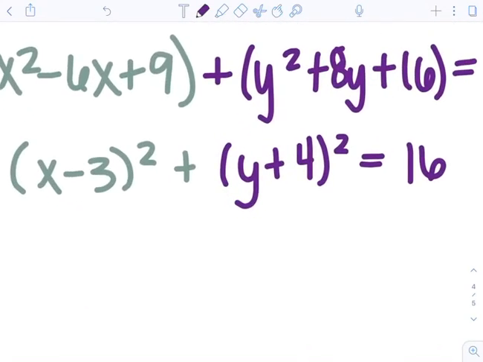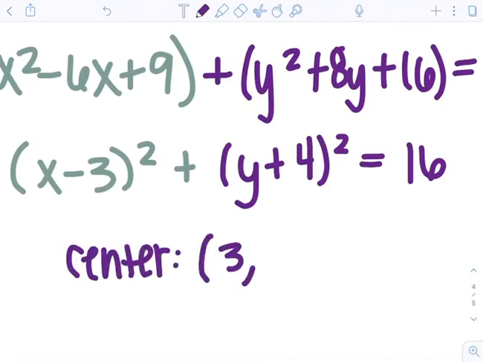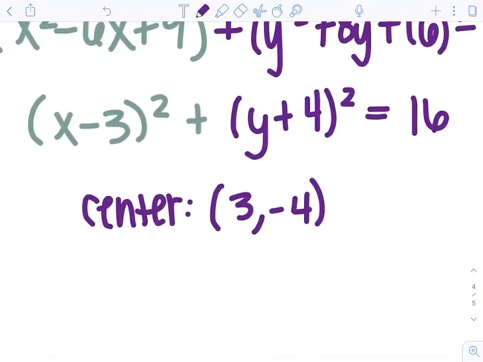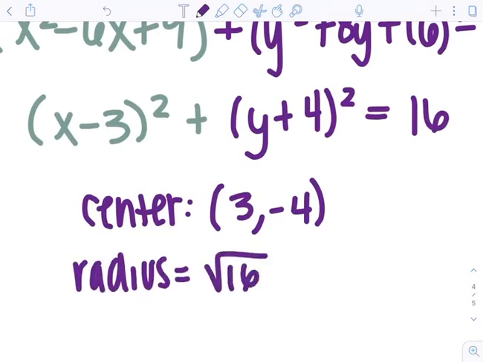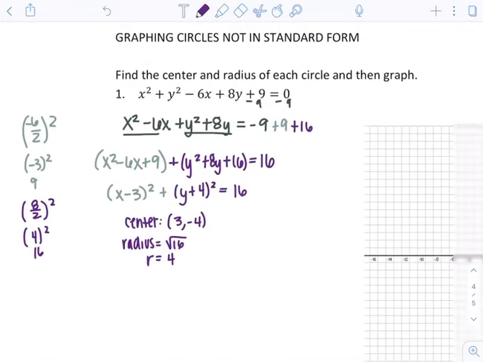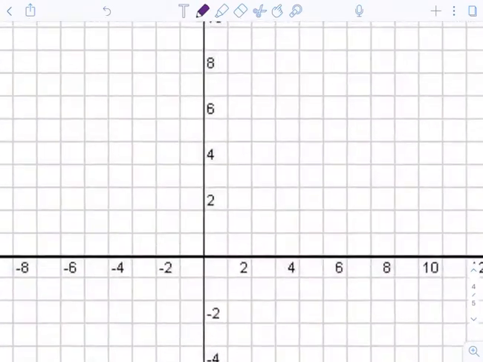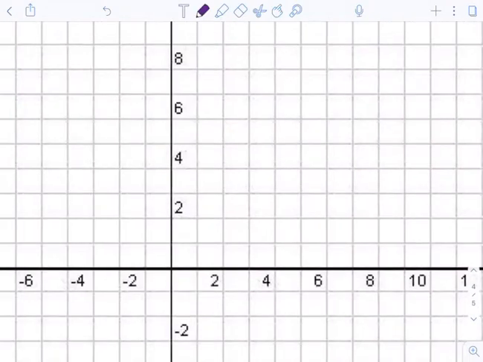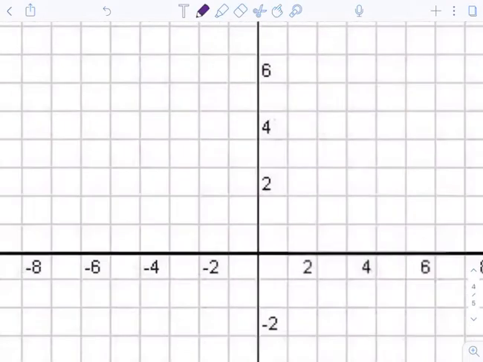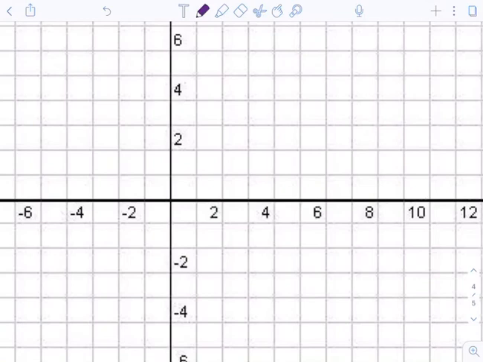Can you see the center? So the center of my circle is 3, negative 4. My radius is the square root of 16, so r equals 4. So I'm going to plot those. So 3, negative 4: 1, 2, 3, 1, 2, 3, 4.